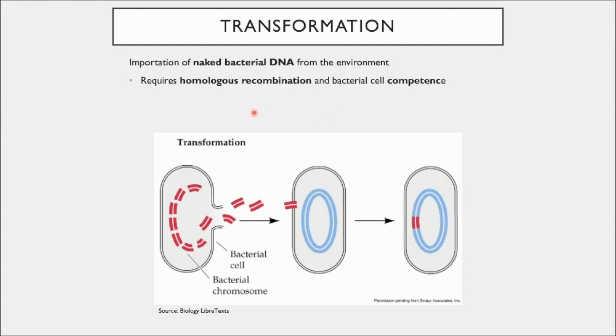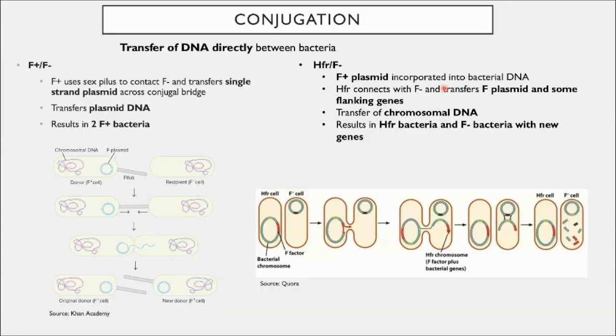Really, it's very simple. Don't focus on anything more complex than this. It's really just bacteria taking genetic material from the environment that was released from a dead bacterium, and it needs homologous recombination and competence to be able to use it.